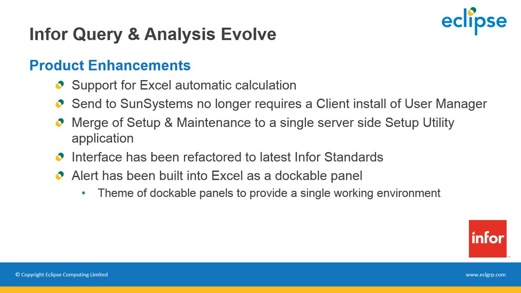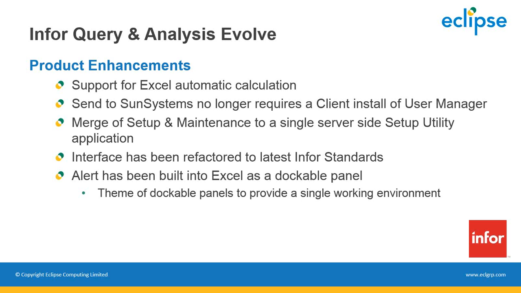And as we said before, the user interface has been refactored, as Infor like to say, or it's really just been cleaned up a little bit. So the look and feel of the main query builder windows, the filters, all of those things have been cleaned up a little bit, and very much the blue and white feel of the 6.2 release.